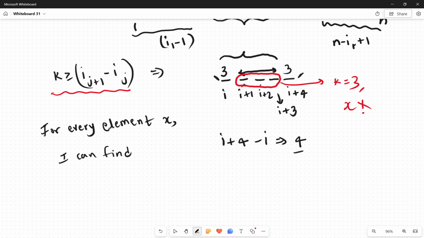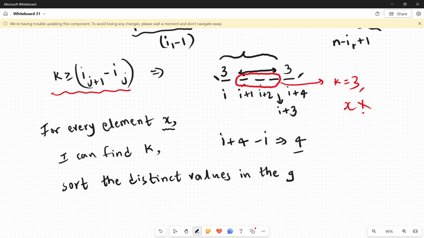So I will list the elements in increasing order. I will basically sort the distinct values in the given input.